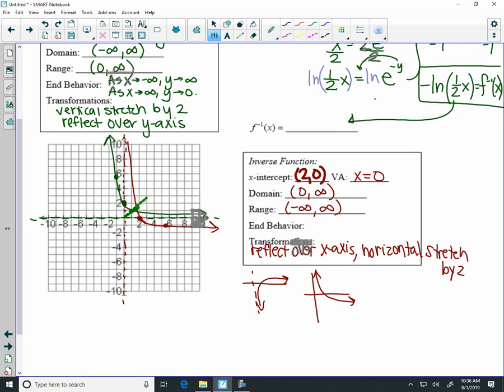The domain from the original is the range of our new function. The range of the original is the domain of our new function. And then for end behavior, we can only evaluate this as we go to positive infinity. So as x goes to positive infinity, since this has been flipped down and it's a decreasing function, y is going to go to negative infinity.